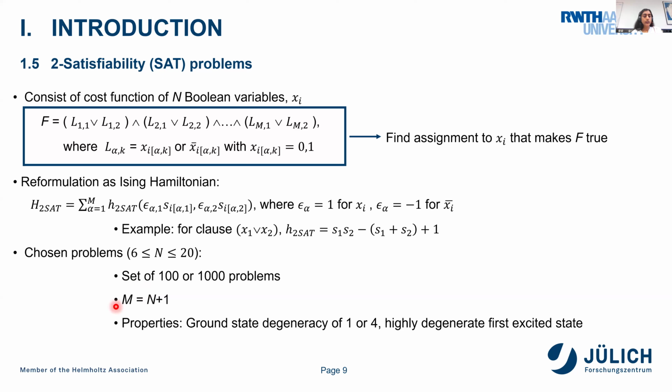The number of clauses in each problem, m, is equal to n plus 1, where n is the number of variables in the set. An interesting property of the resulting problems is that they have a ground state degeneracy of either 1 or 4, and the first excited state is highly degenerate. One remark I would like to make at this point is that the 2-SAT problems are decision problems, but once mapped to the Ising Hamiltonian, they become optimization problems.